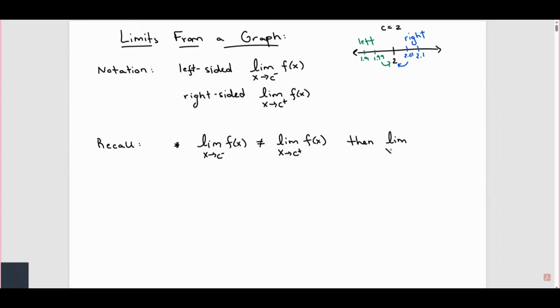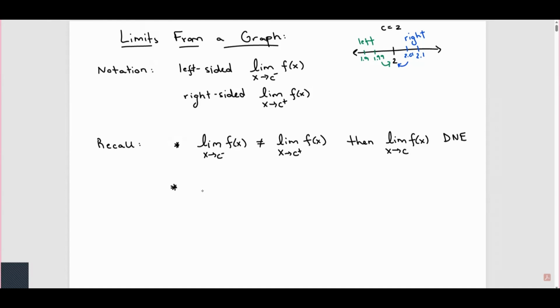So my actual limit as x approaches c does not exist. Most people write it as this capital DNE, so I do that as well. So if from the left side and the right side they don't approach the same value for f of x, then the limit doesn't exist.